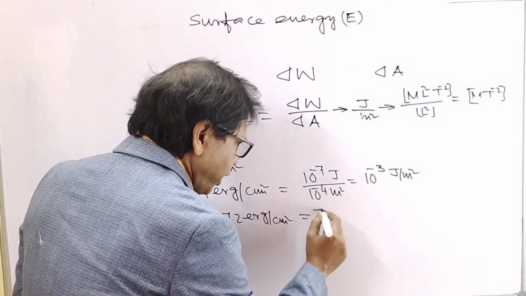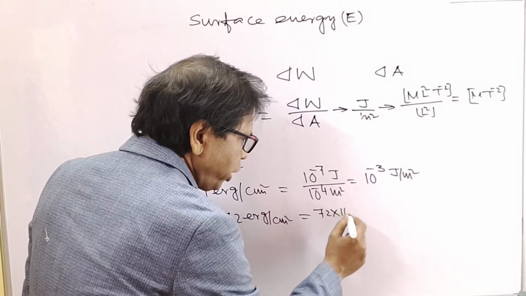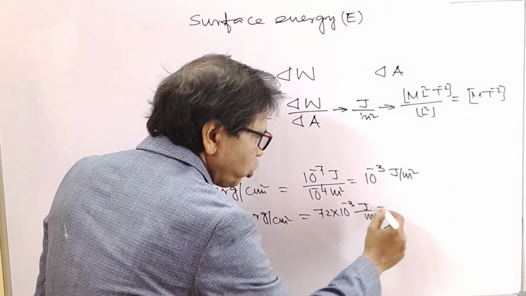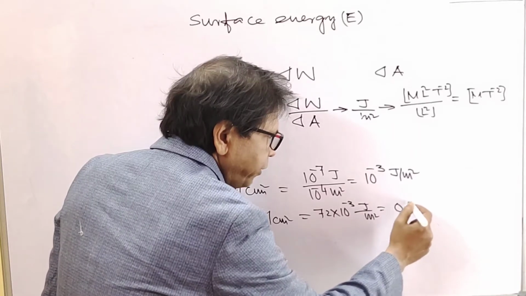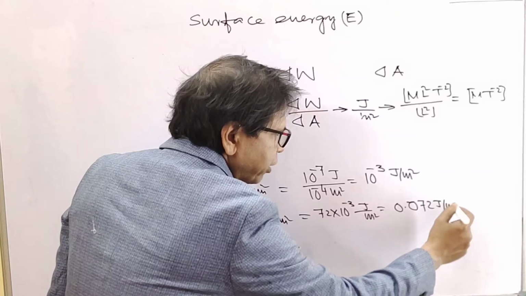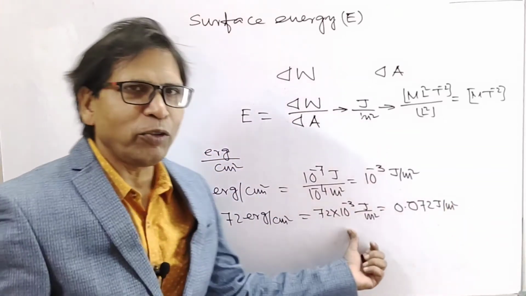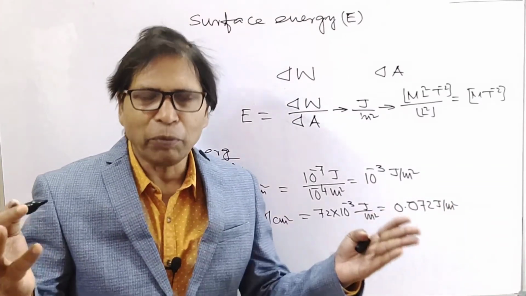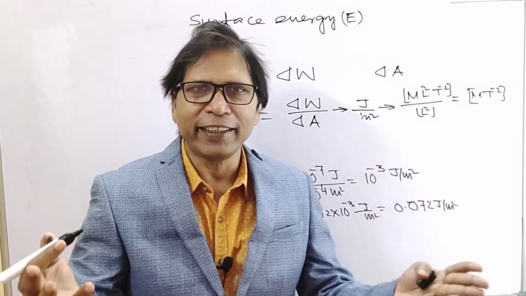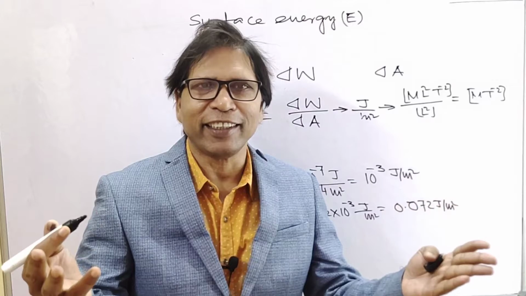So this is 72 into 10 to the power minus 3 joule per meter square, which is 0.072 joule per meter square. Understood? Now we have to establish the relation between surface energy and surface tension.